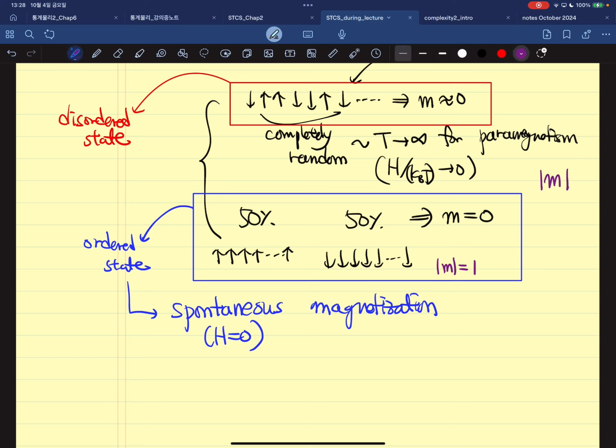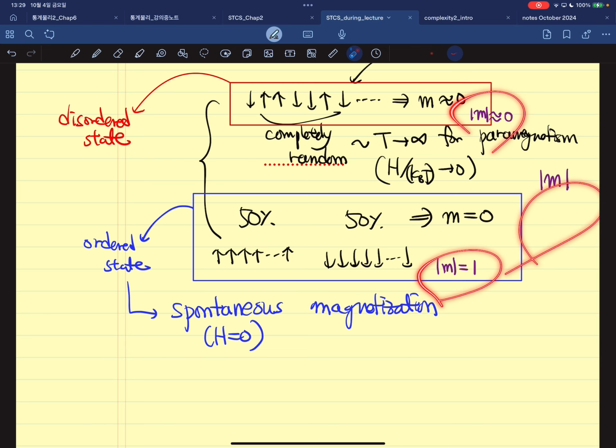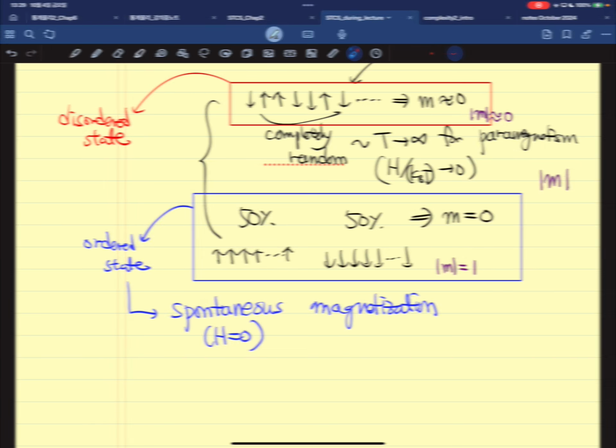But in the other case, even the average magnetization for each configuration would be similar to 0. It's certainly not exactly 0, but it can have some kind of random fluctuation, but still it's quite different from this case. So it's a practical tip for the numerical simulation.